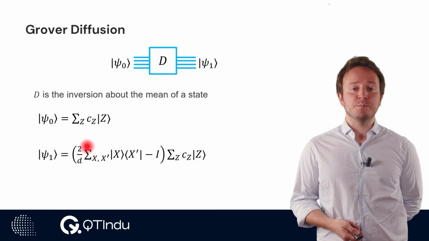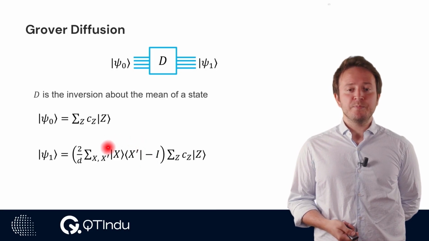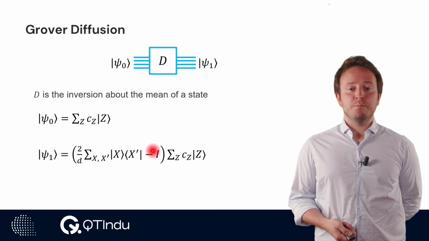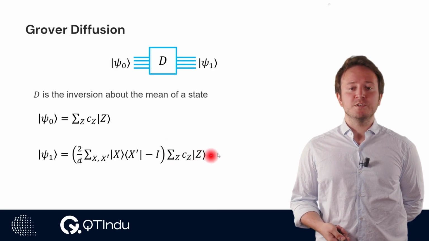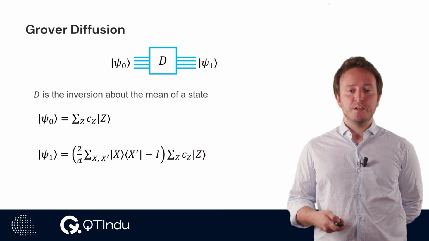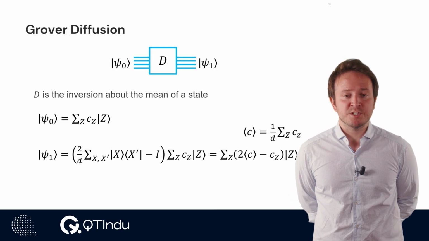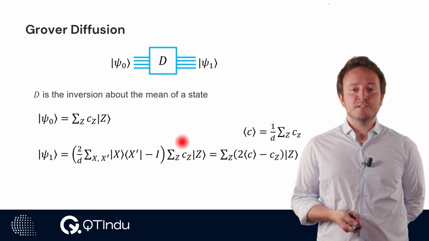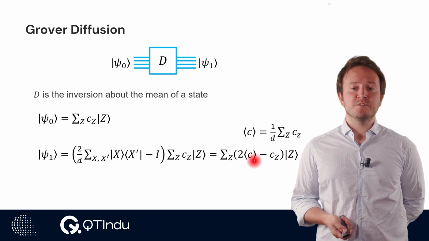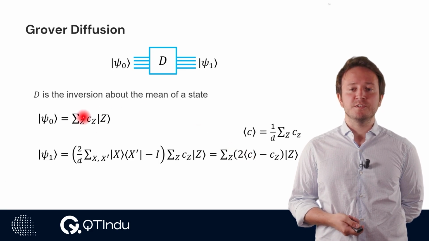So essentially, it will be the projection onto the state phi times 2 minus the identity applied to this state. Now, with a little bit of math, we can convince ourselves that this projection will just evaluate 2 times the mean of the coefficients of this state.